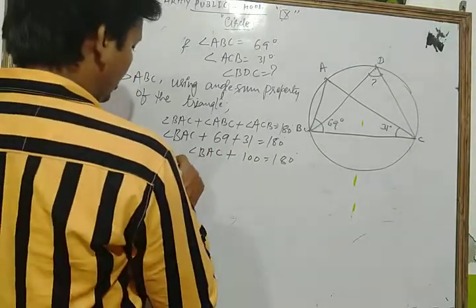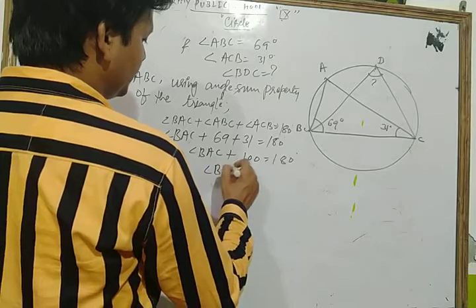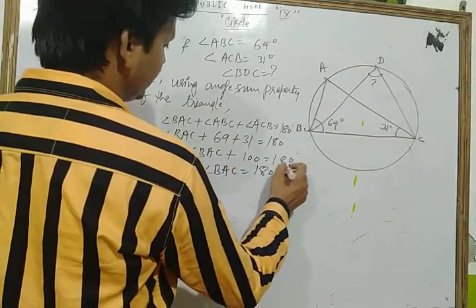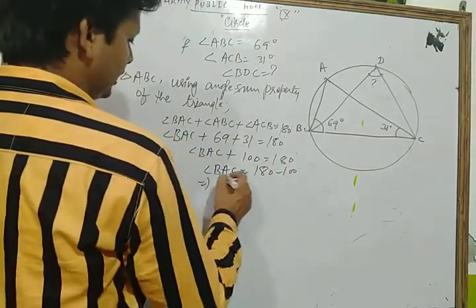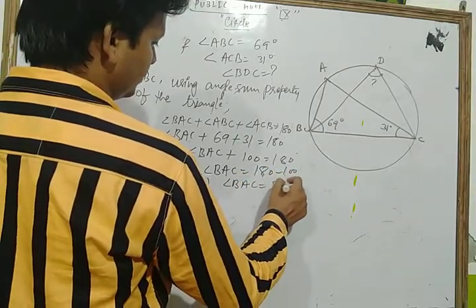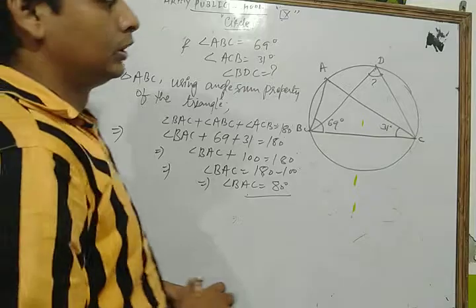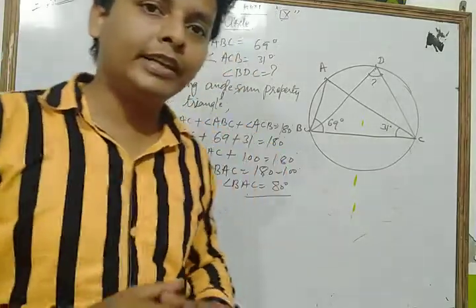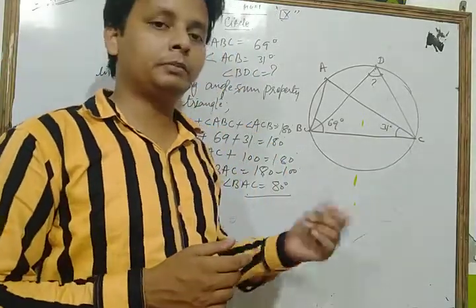Now we have angle BAC as 180 minus 100, that is angle BAC is equal to 80.